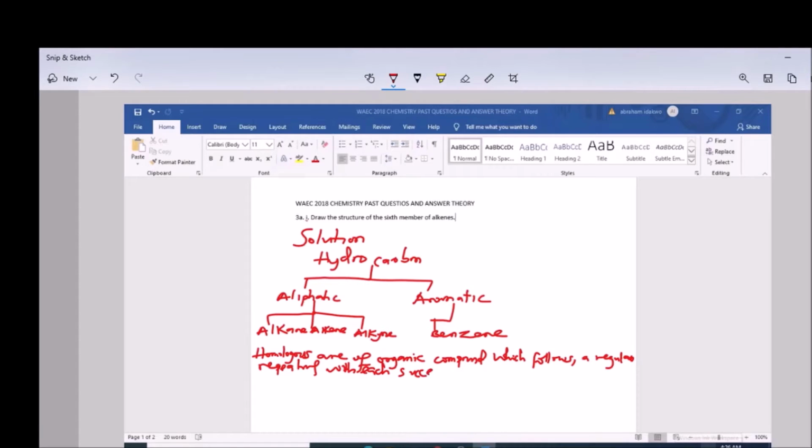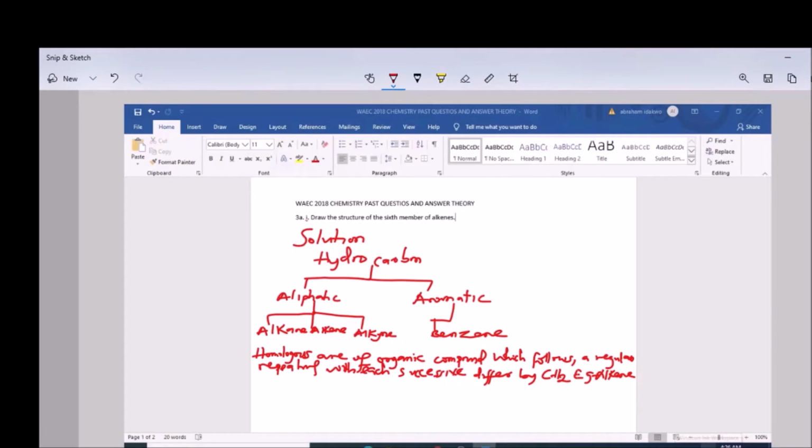That is, the members that follow each other differ in their molecular formula by CH2, of which examples are alkanes.